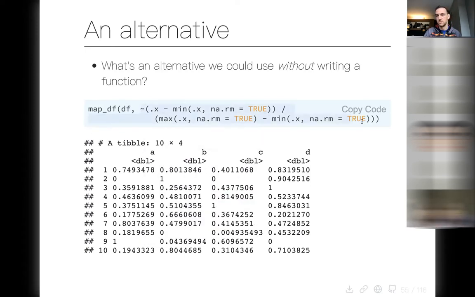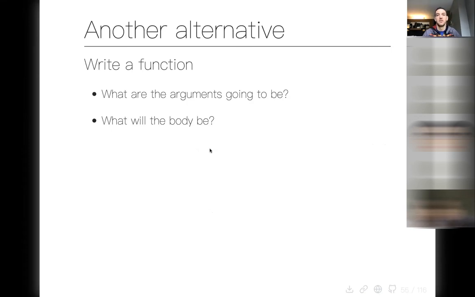This is, however, an anonymous function. And so it might be more clear as to what we're doing here if we make it not anonymous and make it a function that's actually bound to a name. So we can instead write a function that lives outside of the loop, and then we can loop that function through our data frame.